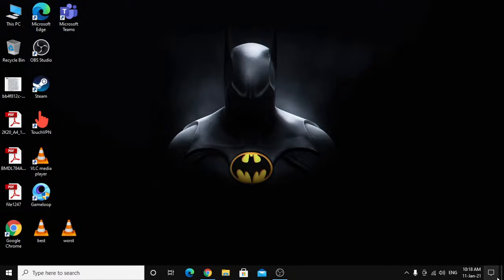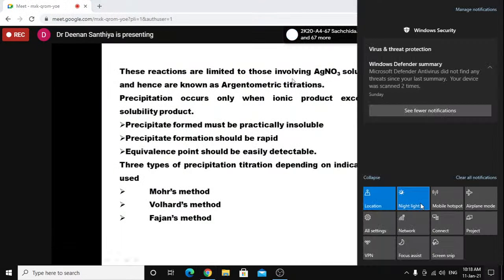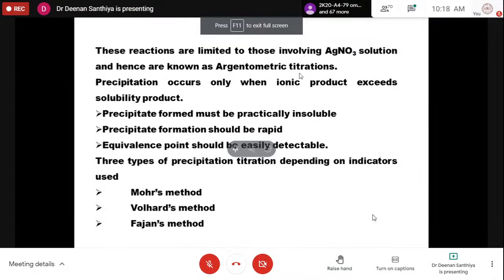Wherever you are using silver nitrate in the titration, those types of titrations are called argentometric titrations.